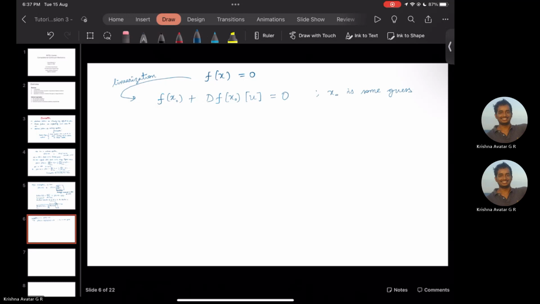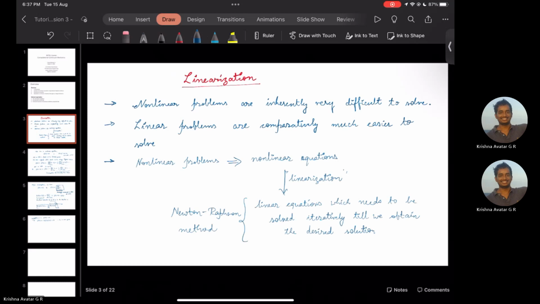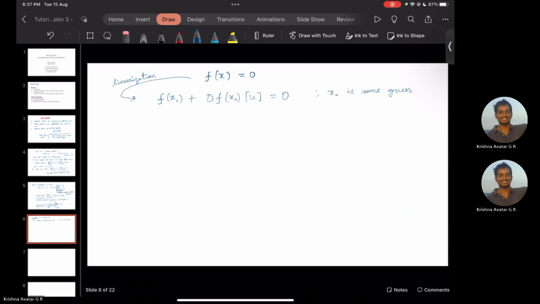Going back to what I had said, when we linearize it, we just have to solve linear equations multiple times iteratively till we obtain the desired solution. So we start with some initial guess x naught. The expression is df by dx at x equal to x naught, times u, equal to 0.